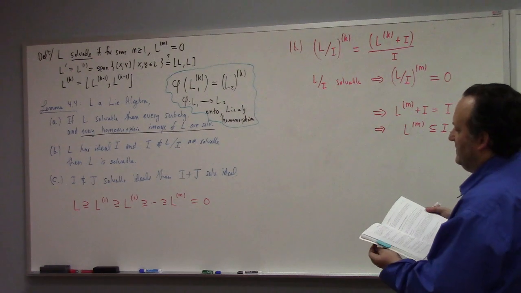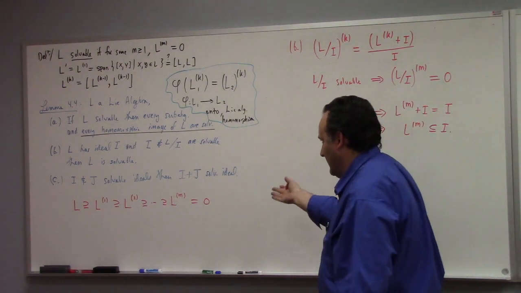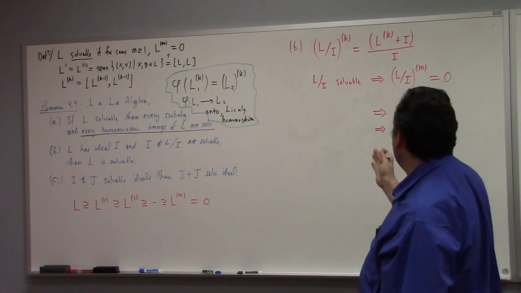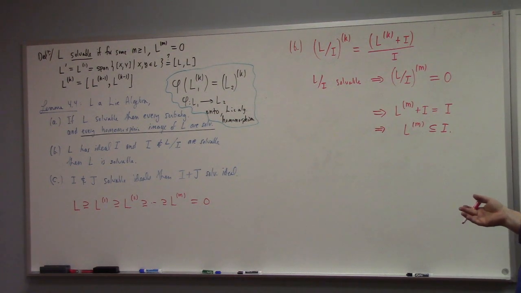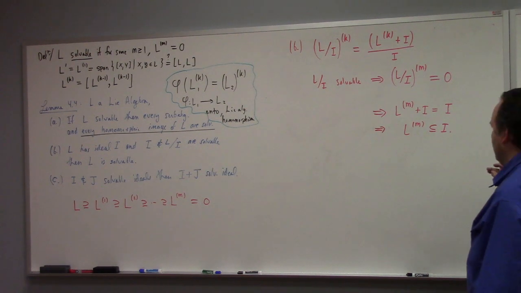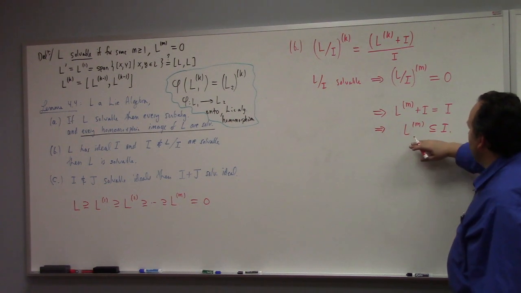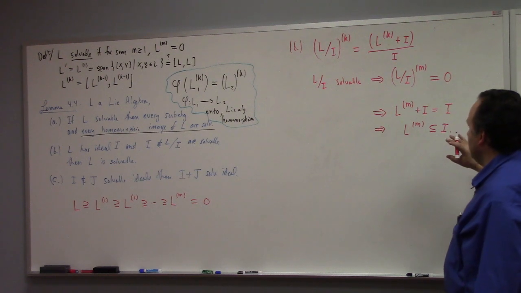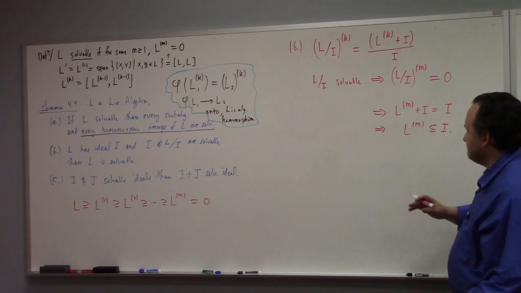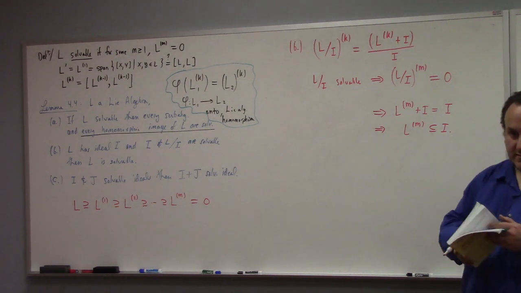All right, let's see here. What was part B? L has an ideal I and L mod I are solvable. Okay, so we almost have it. We've got that this is a subset of I. And we know that I is solvable, right?